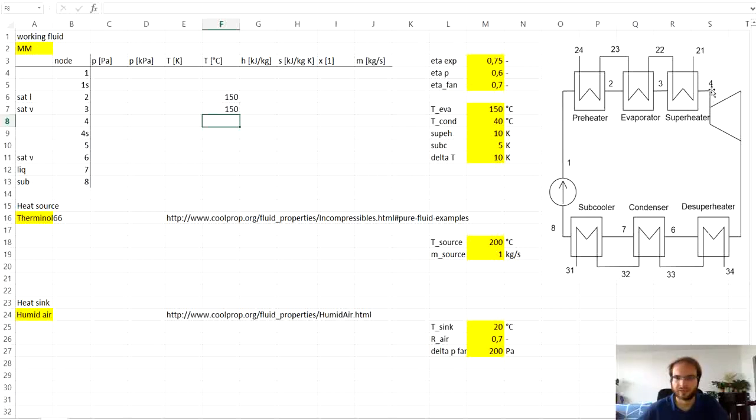Then we have specified superheating here to be 10 kelvins. So the temperature at the outlet of these heat exchangers for the heat input will be the evaporation temperature plus the superheat. And now for the heat rejection, we have specified condensing temperature. That would be the temperature at points 6 and 7.